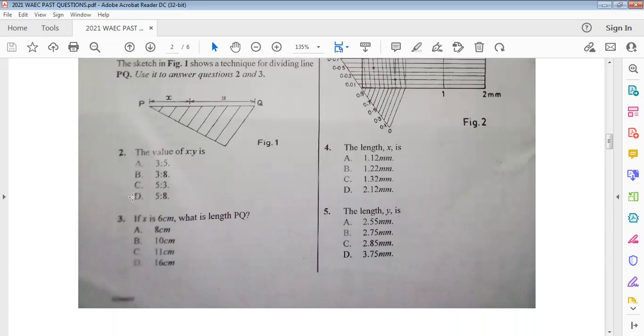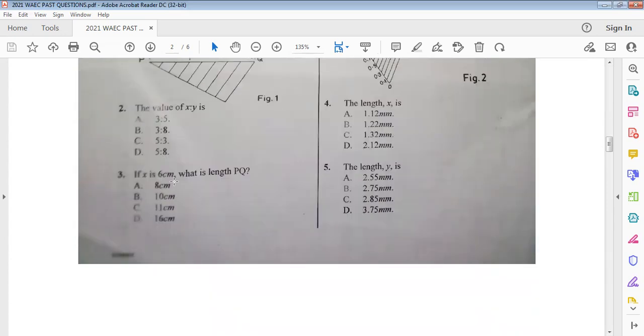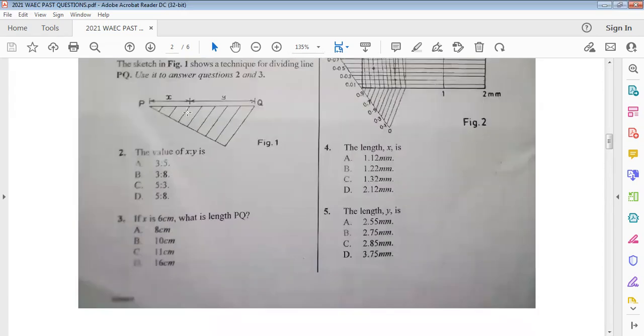And then question 3 says that if x is 6 centimeters, what is length PQ? As we have 3 divisions for x, if I divide 6 centimeters by 3, that will give me 2 centimeters, which means each division for x is 2 centimeters. Then for y, we have 5 divisions.